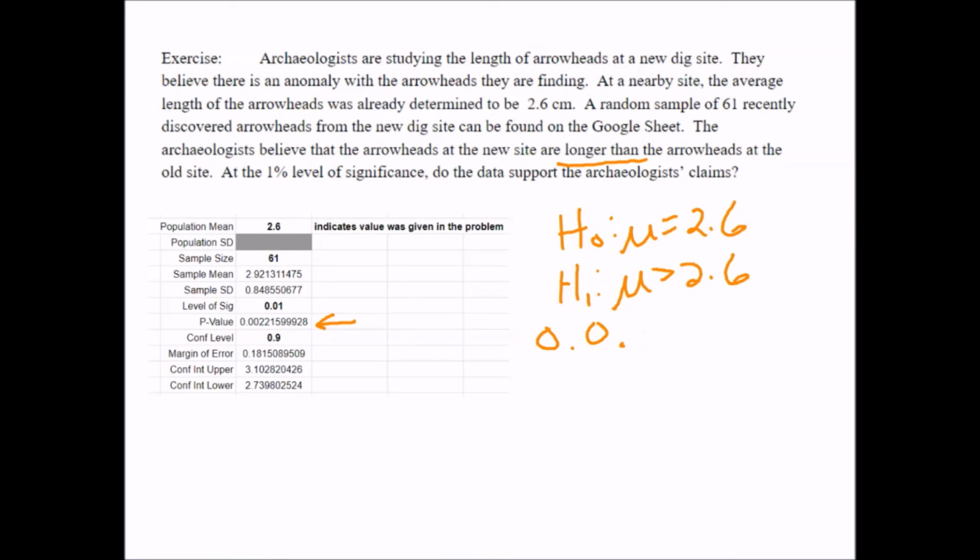It's 0.0022, which is less than or equal to our alpha, which is 0.01, which is 1% as a decimal.